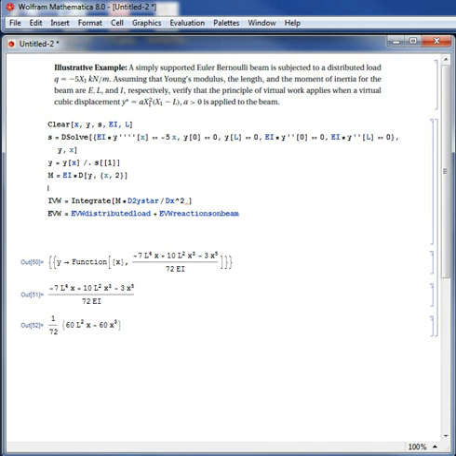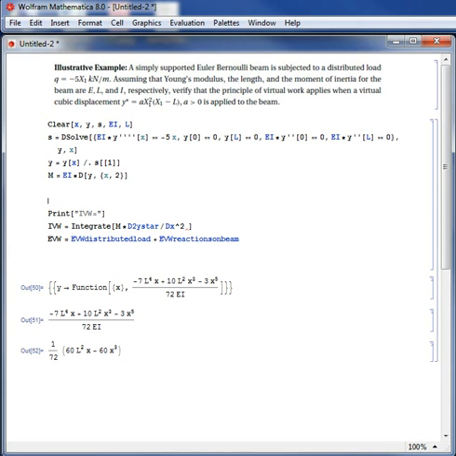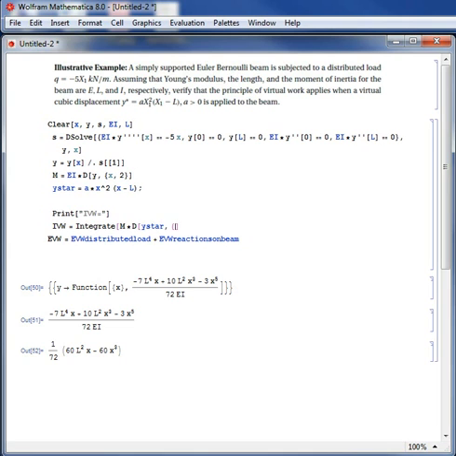So let's calculate the internal virtual work. Print the internal virtual work. Of course, the y star, the virtual displacement, is given as a multiplied by x squared multiplied by x minus L. The internal virtual work is equal to the integration of the moment multiplied by the second derivative of y star with respect to x twice.